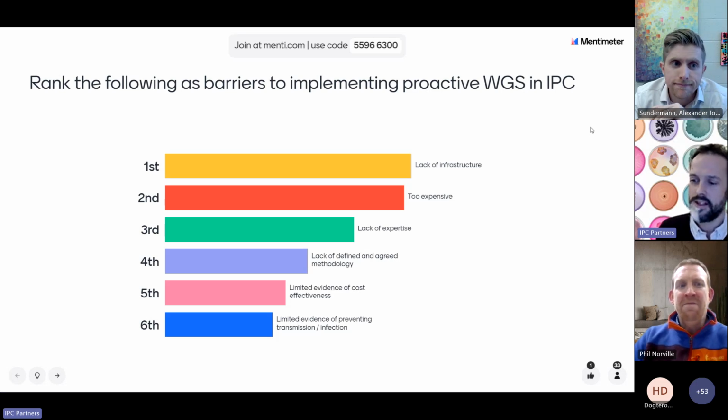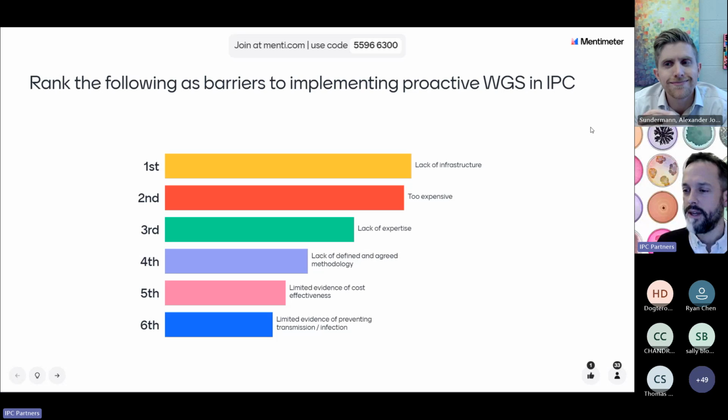They're not used to the terminology. They don't know how to interpret the data when it's there. So I think there's quite a bit of anxiety, probably the wrong word, but it's the best one I can come up with, about whole genome sequencing within the IP community, particularly because it's such an unknown and because many people working in infection prevention haven't come directly from a laboratory background.